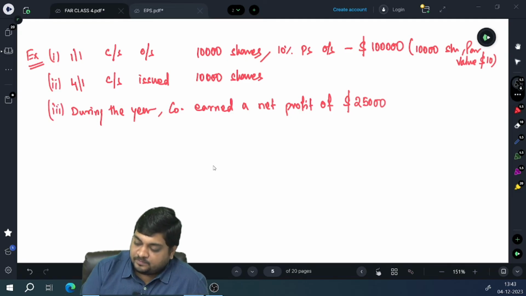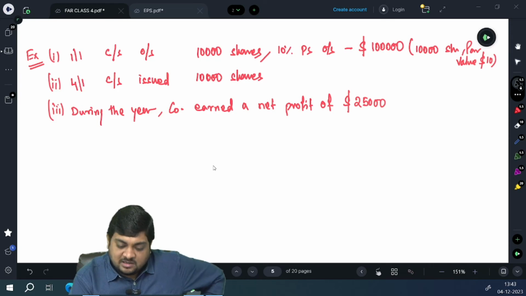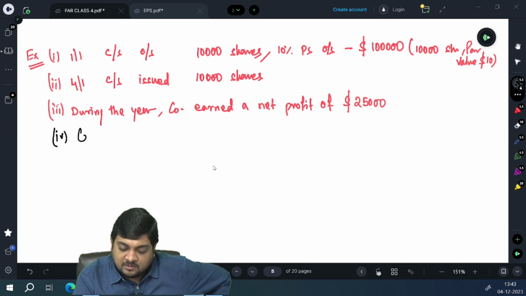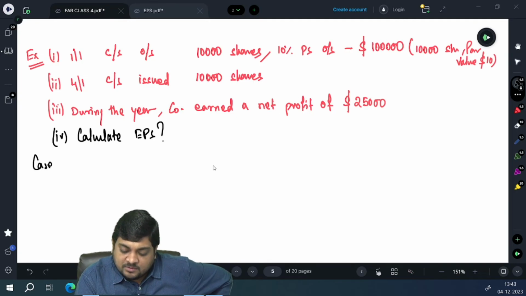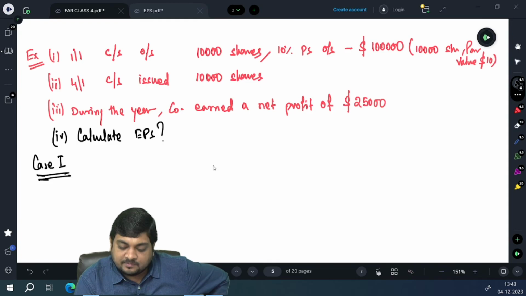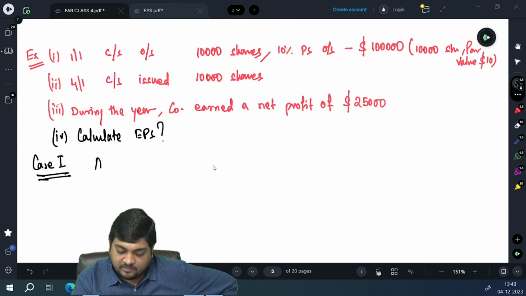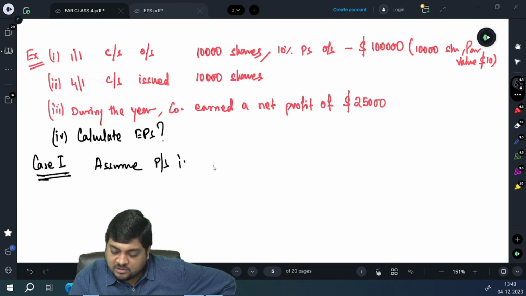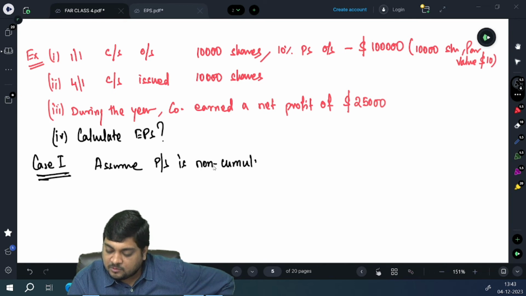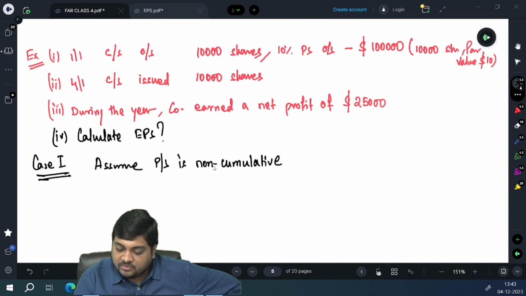Right. So our question is calculate earning per share. So case 1, assume preferred stock is non-cumulative.